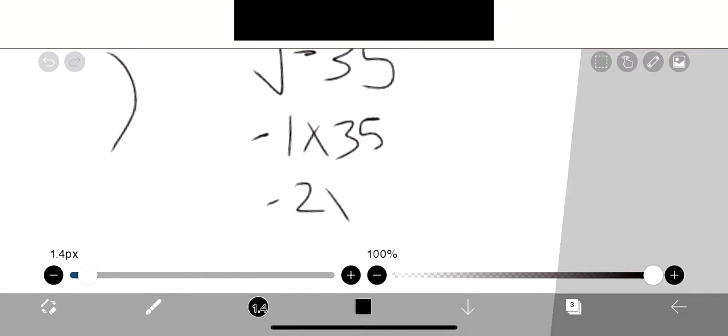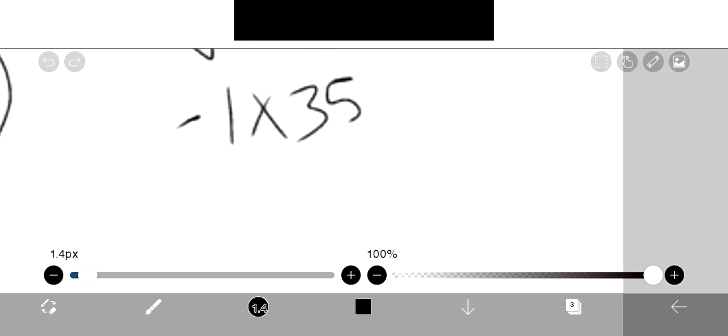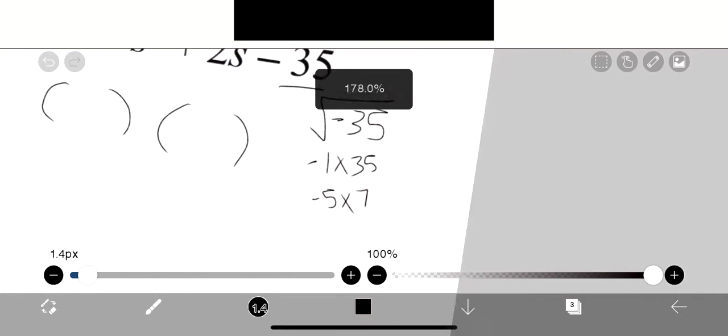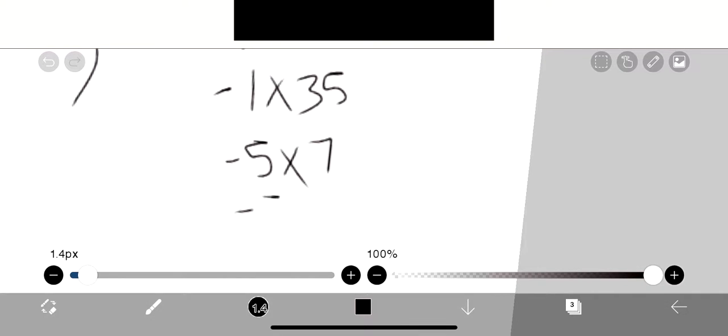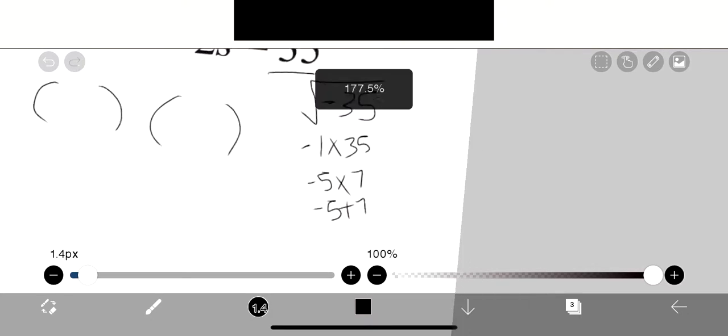Negative 2 times, actually, no. Let's skip forward to negative 5 times 7. Negative 5 times 7 gives you negative 35. And if you add negative 5 plus 7, you get an answer of positive 2.